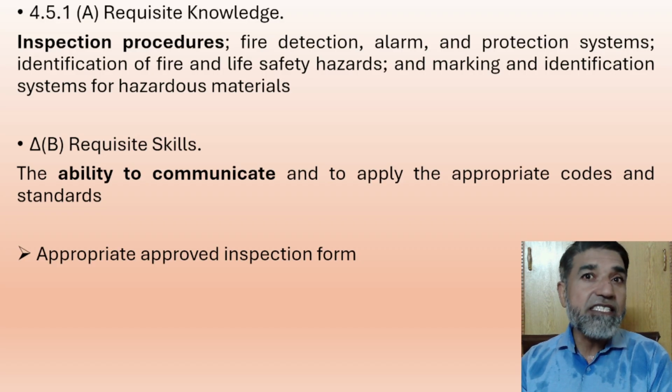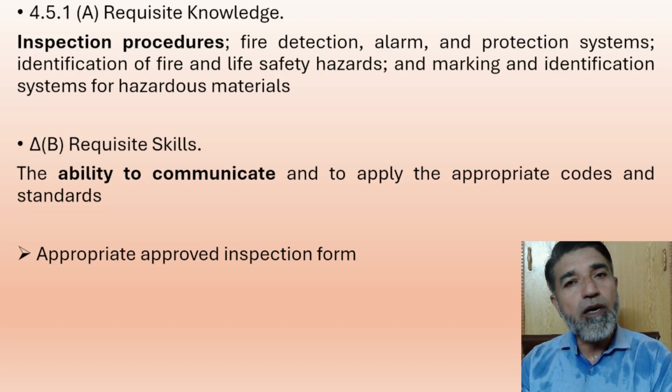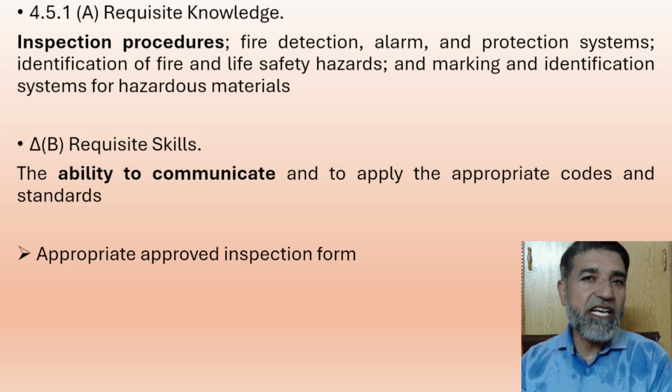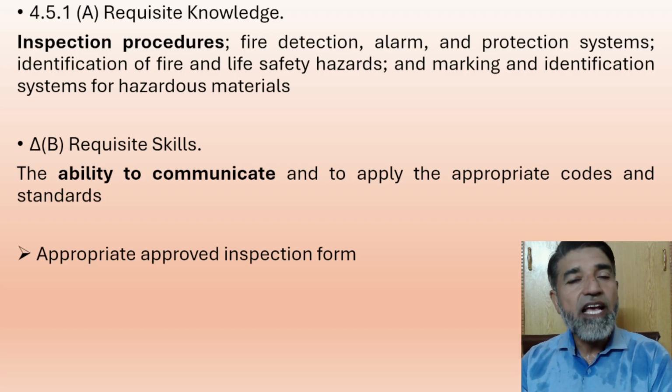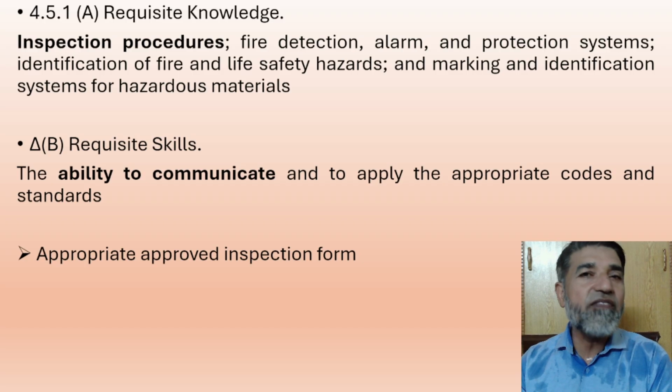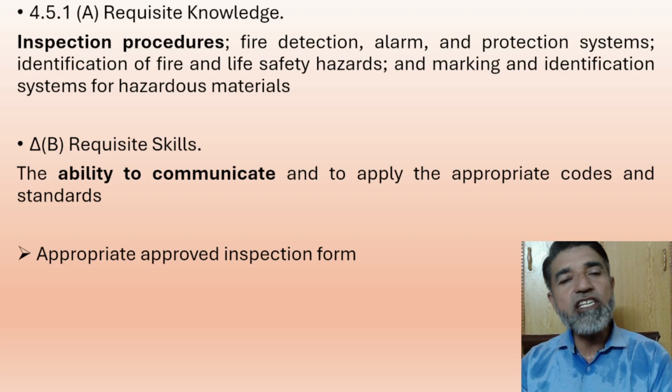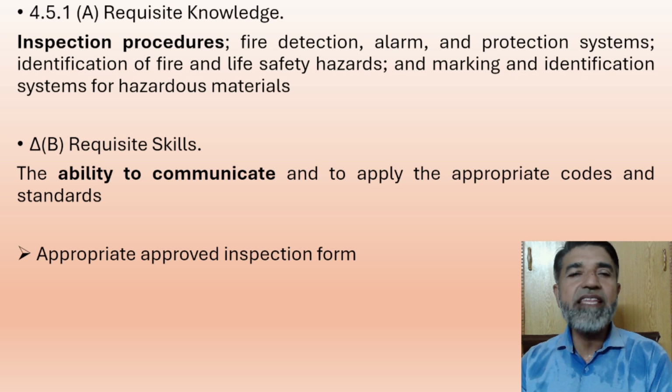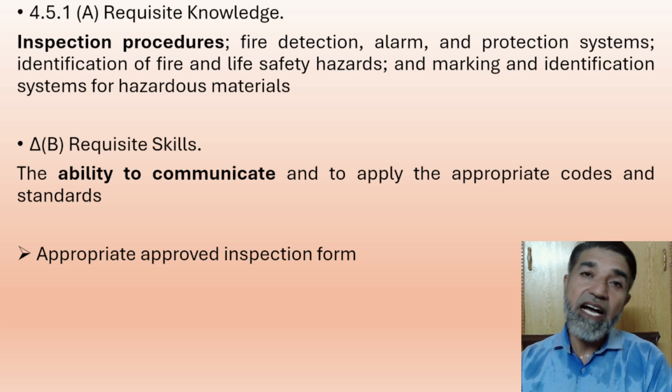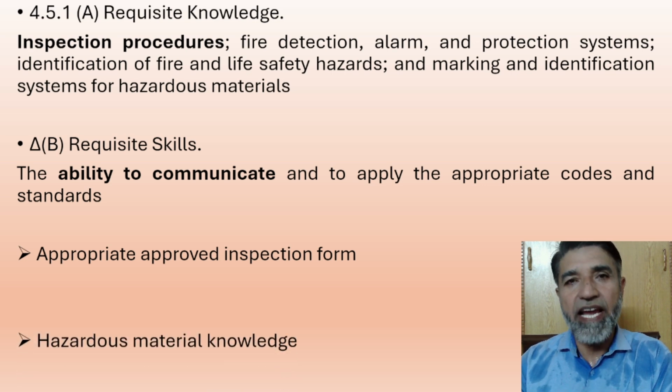If he is conducting the inspection of a pump room, then the inspection form will be a different one. If he is conducting a general fire prevention inspection of the occupancy, then the form will be different. And if he is conducting the inspection of a portable fire extinguisher or hose, nozzle, breathing apparatus, thermal imaging camera, then the inspection form will be according to that particular equipment.